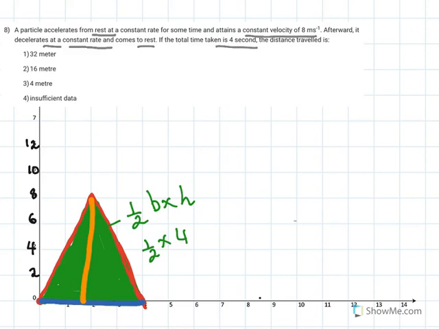So base is 4 and the height is 8, so it would be 16 meter. Half base into height. It accelerates here and then it retards here, slows down.